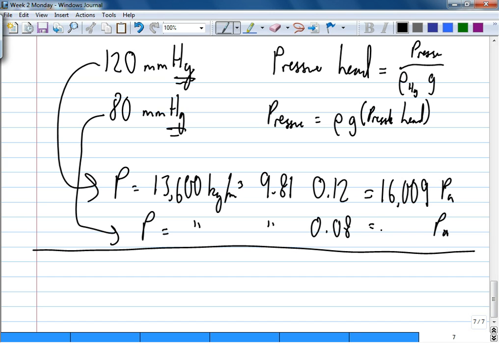This one? 10673. So between 10 to 16 kPa only, very small. So when you cut yourself, you don't bleed out too badly. Quite a slow process.